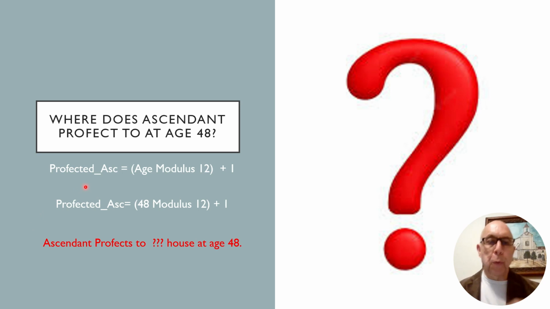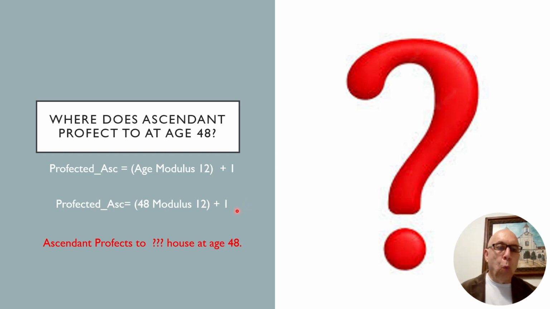Now let's let you do one. Where does the ascendant perfect to at age 48? You want to use this formula. Perfected ascendant, plug in the age, 48 modulus 12, and then add 1.